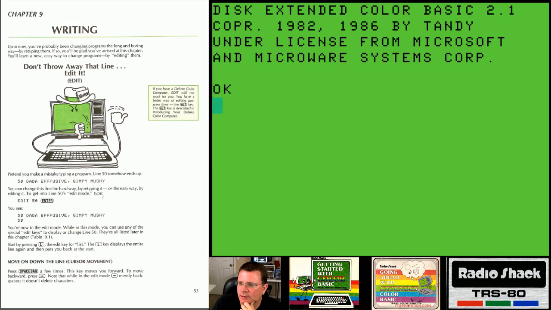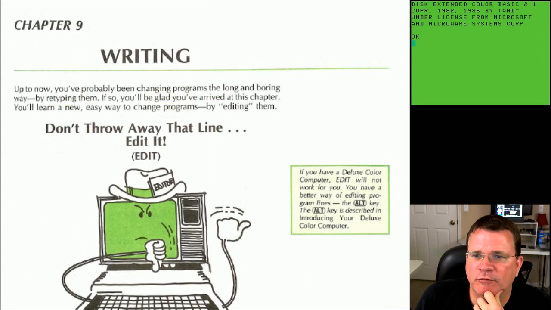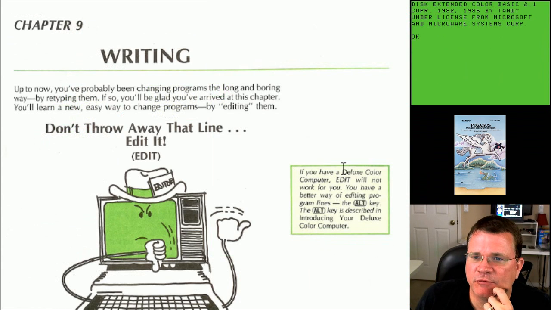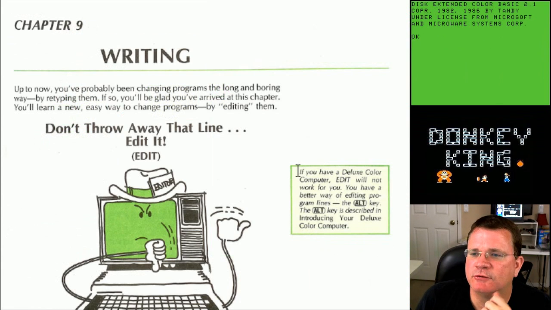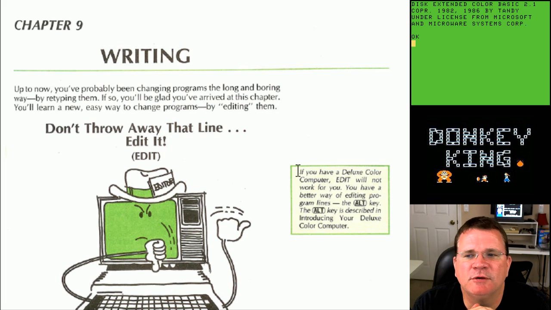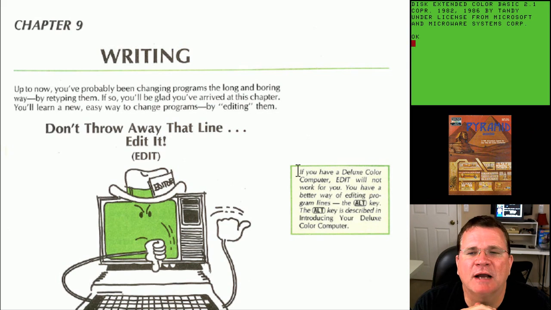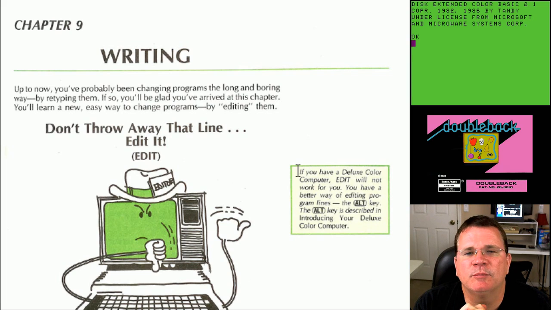Just a little interesting piece of trivia here for you. Right here is a sidebar note that's referring to the deluxe color computer. Why is this interesting? Because the deluxe color computer was never manufactured. It was designed, there were some prototypes, they were going to roll this thing out as the next color computer, but they didn't.